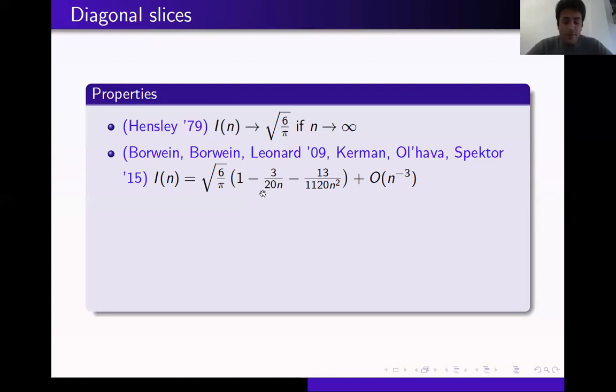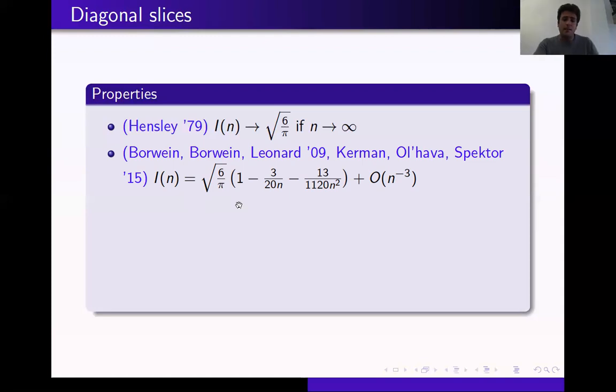Actually, the fact that it admits such an asymptotic expansion was proven earlier, and I forgot the name of the mathematician. It was proven in the 90s, not just for this type of integral, but for many others.